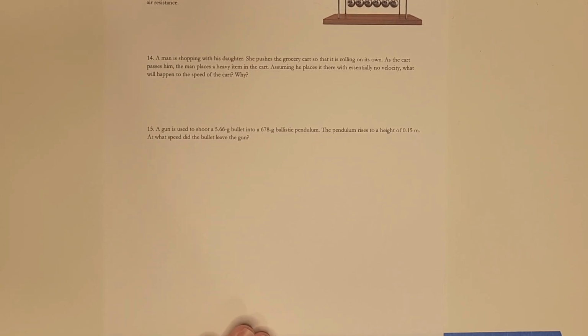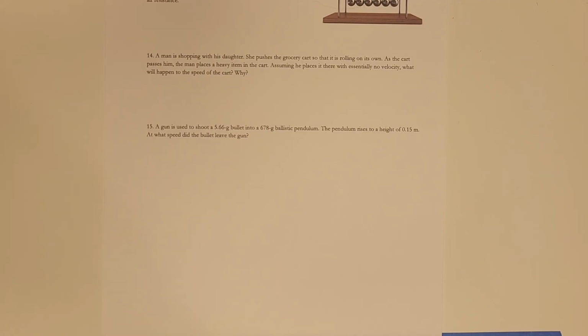For question 14, a man is shopping with his daughter. She pushes the grocery cart so it is rolling on its own. As the cart passes him, the man places a heavy item in the cart. Assuming he places it there with essentially no velocity, what will happen to the speed of the cart and why?